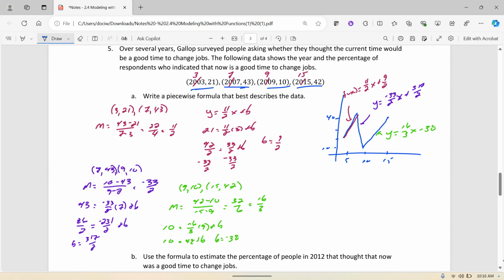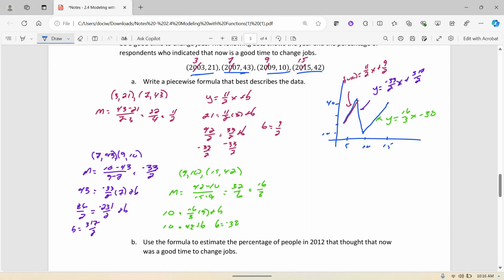The way that we would write this as a function, we'd call it a piecewise function, is we would say f of x is equal to these three pieces. We're going to use the 11 halves x plus 9 halves when x is between 3 and 7.